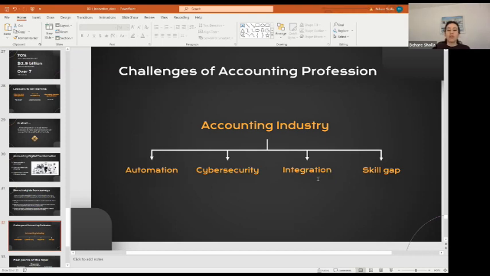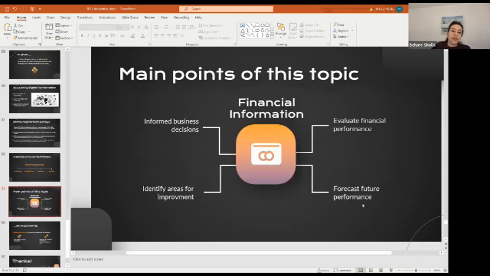This means that they have to integrate the system in their company, which may challenge the skills of the accountants. So they have to be up to date and involved in the process of this technological transformation all the time. So what were the main points of this topic that we discussed today?